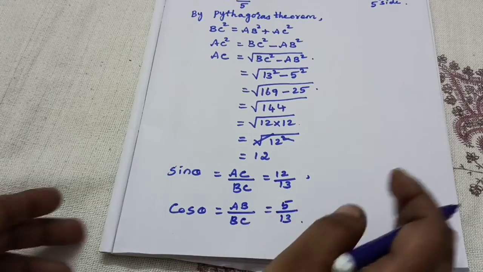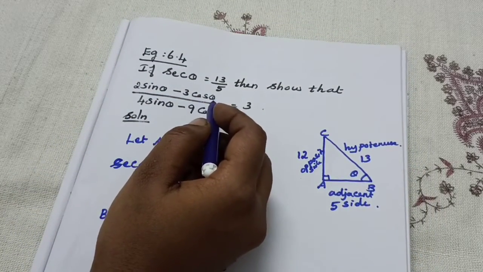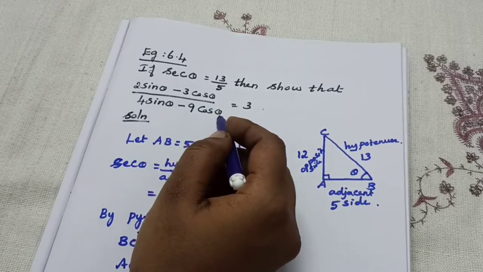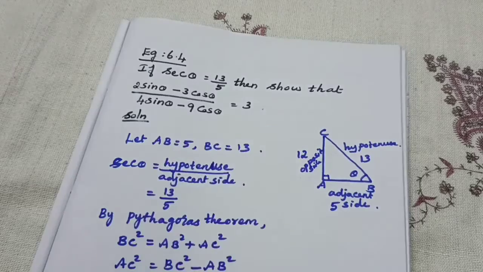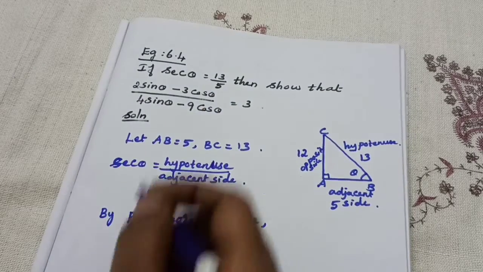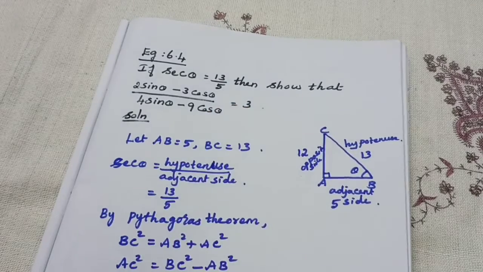Correct? Then here what's the question? 2 sin theta minus 3 cos theta divided by 4 sin theta minus 9 cos theta. First we have to take the left hand side. Substitute all the values here, then we have to bring the answer 3.